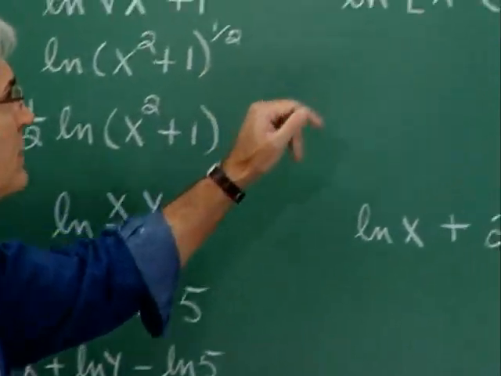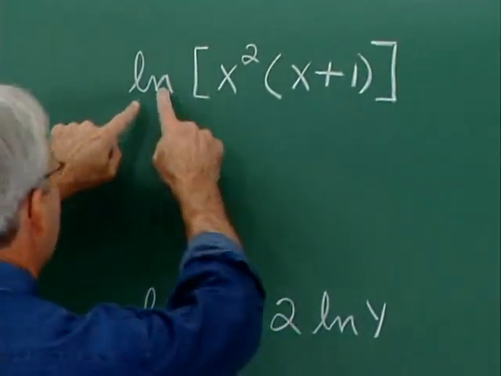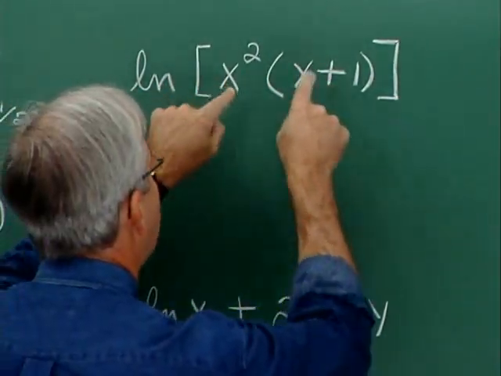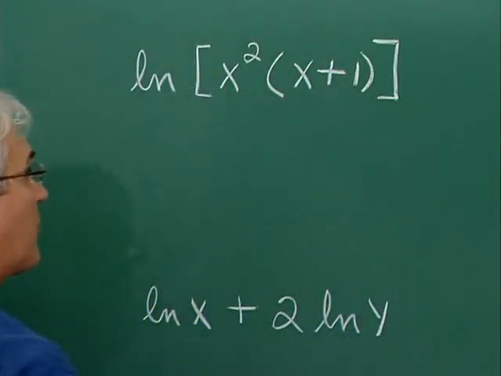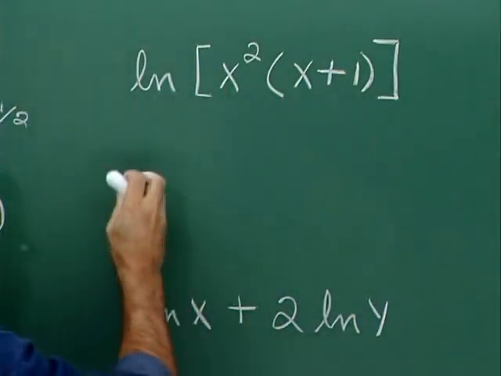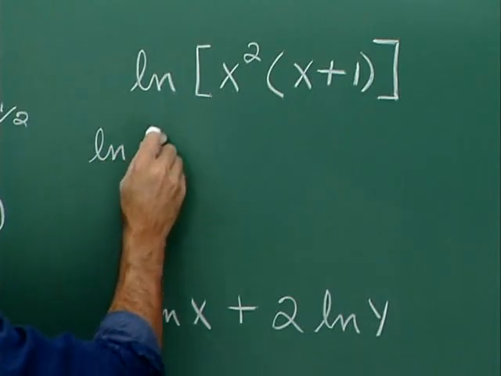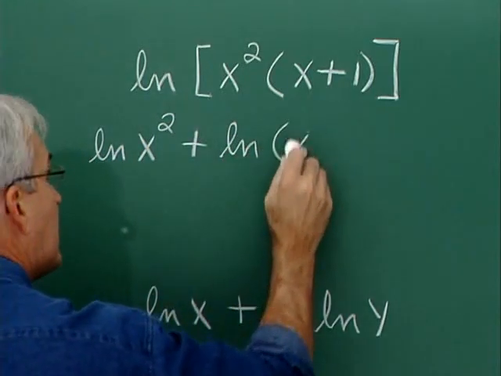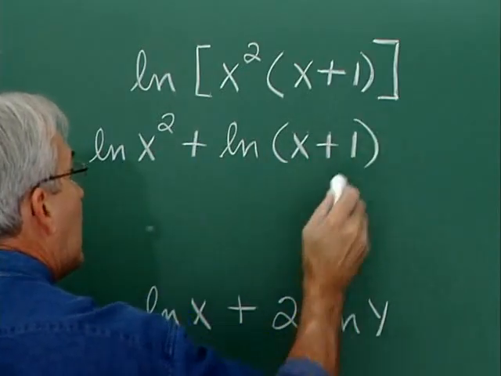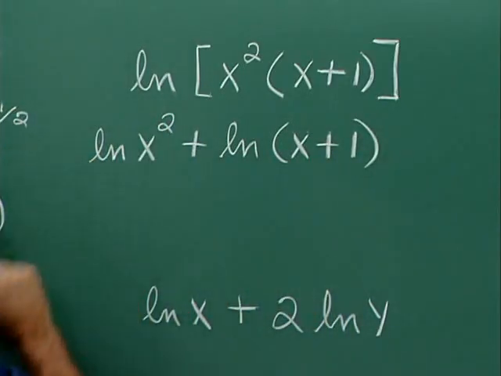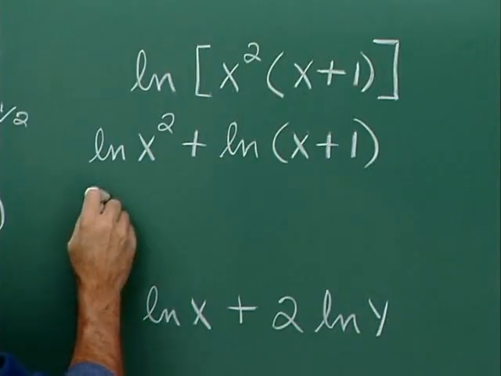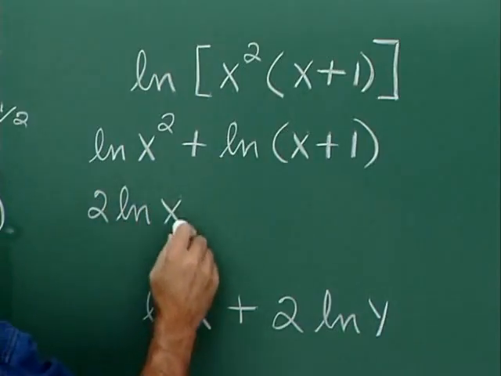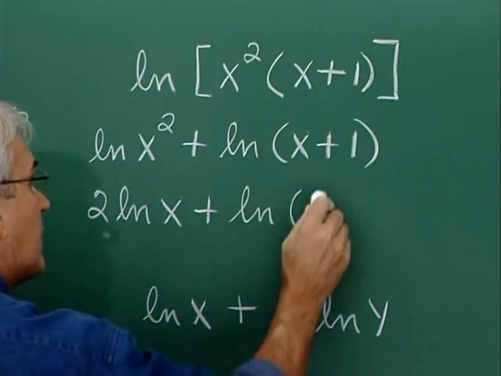Up here, once again, it's the notion that we have the natural log of a product, and so using the product property, we can stretch it out a little bit. It's the natural log of x squared plus ln of the other factor. And now this 2 can move into a position of coefficient. So we have 2 ln x plus ln of x plus 1.